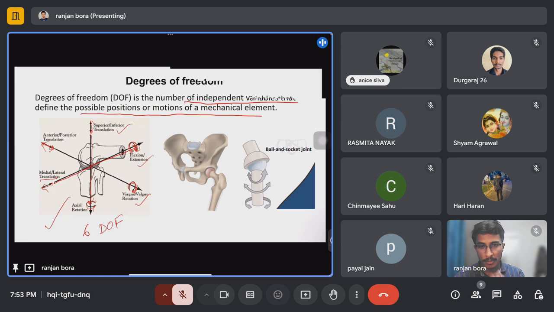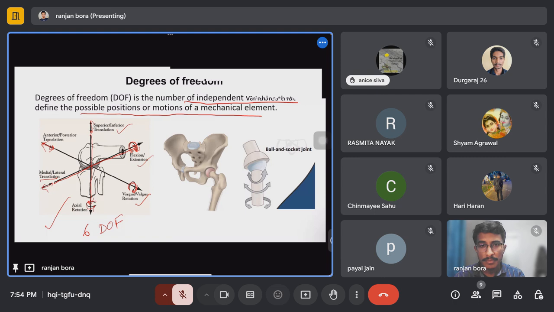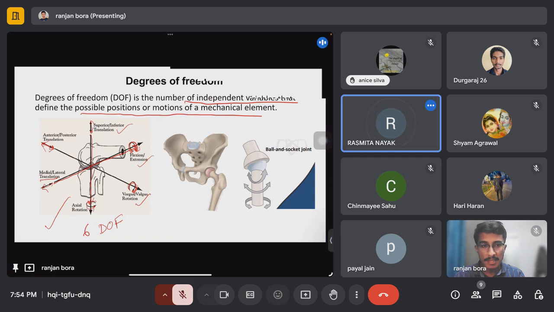Now this is a hip joint. How many degrees of freedom will the hip joint have? Six? Four, sir?